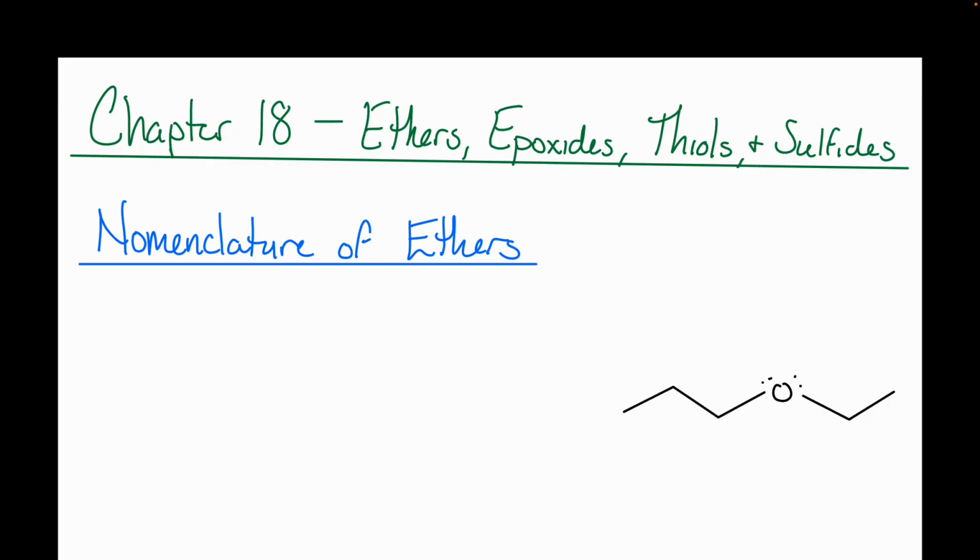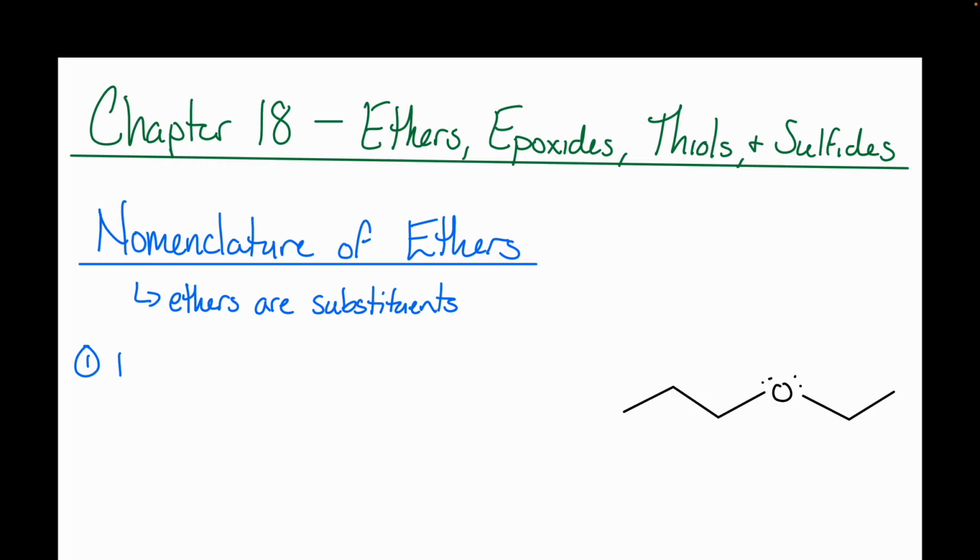They are treated as substituents. Kind of like how alkyl halides, that chloro group is a chloro substituent. It goes out front of the name. You don't end up changing the suffix on that parent chain. Same thing with our ethers here. So ethers are substituents in the world of nomenclature. All right, so something's going to sit in the front half of our name, not in the back half of our name.